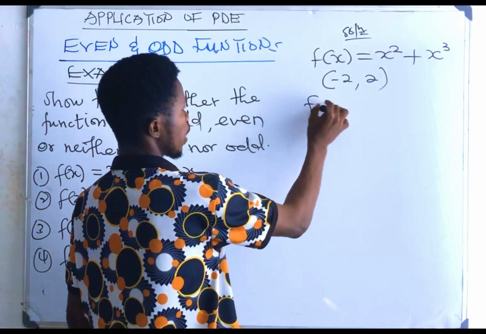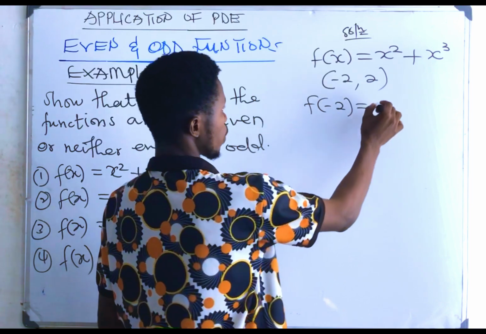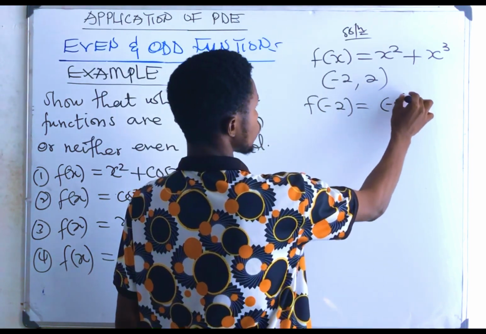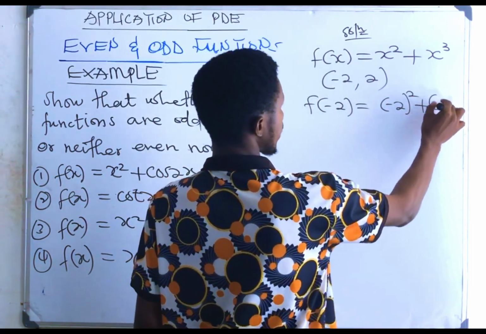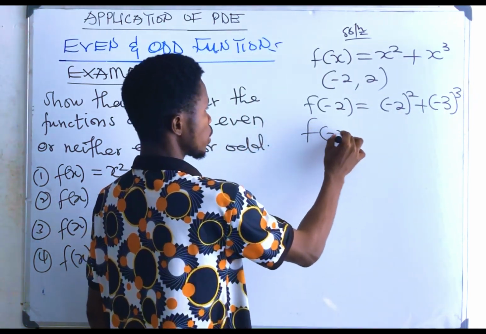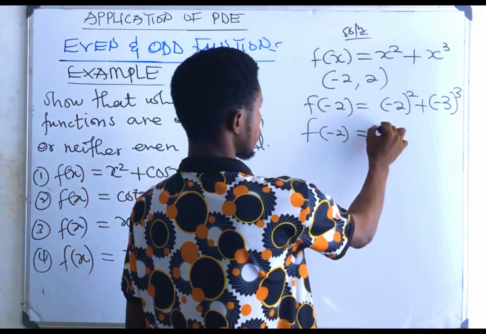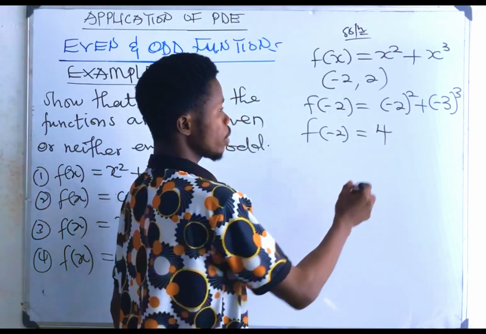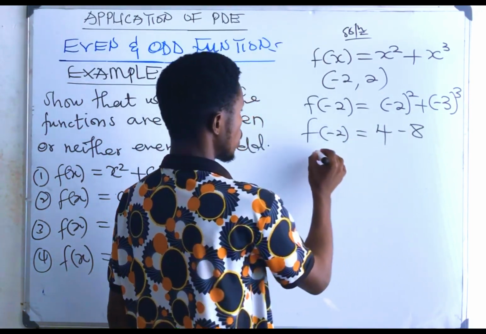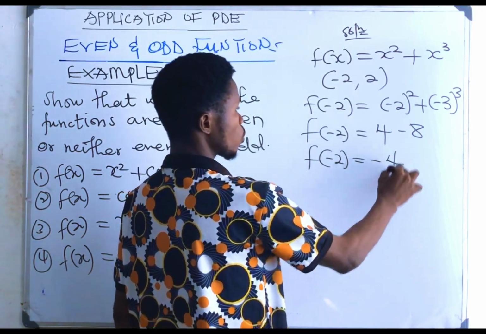So first, f(-2), what are we going to get? You're going to have (-2) squared plus (-2) cubed. So f(-2) is, now (-2) squared is 4. (-2) cubed is negative what? 8. So this is going to provide this answer, negative what? 4.